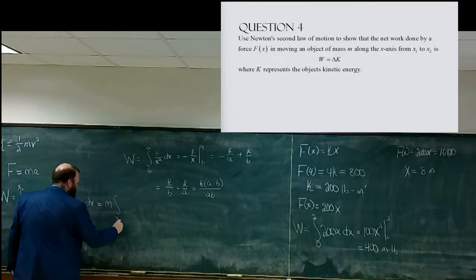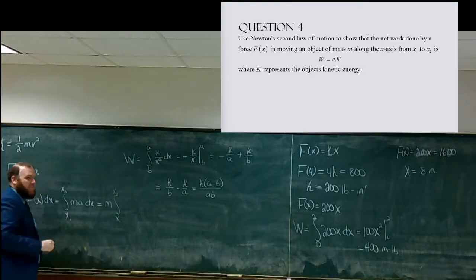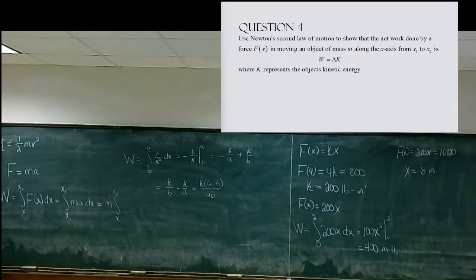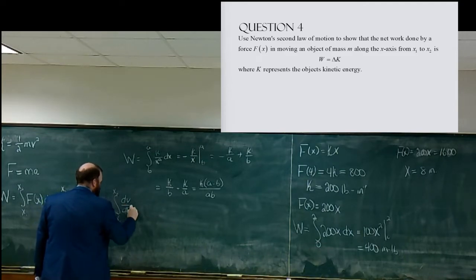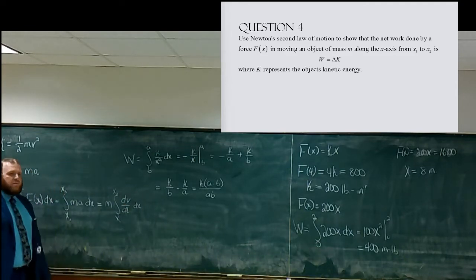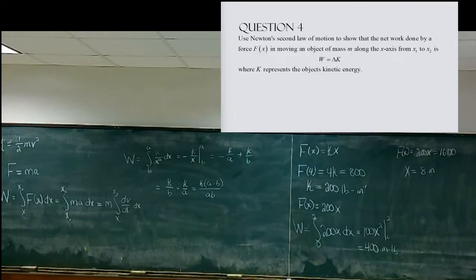Since we're treating mass as constant, assuming sublight speeds, we can factor it out. But a, acceleration, is dv/dt, right?